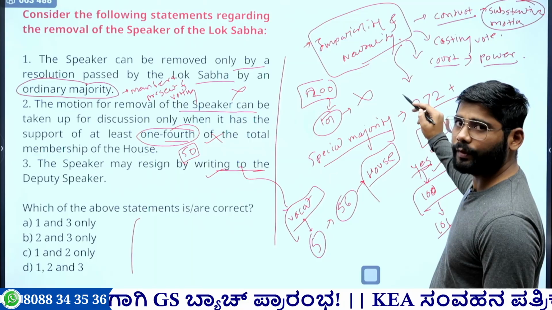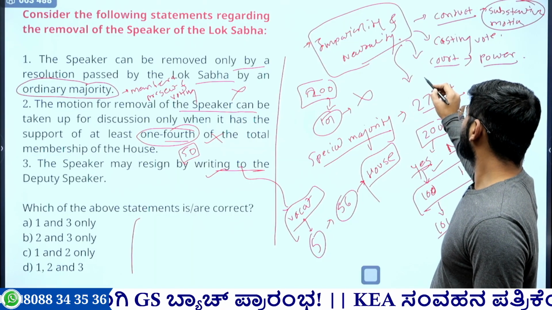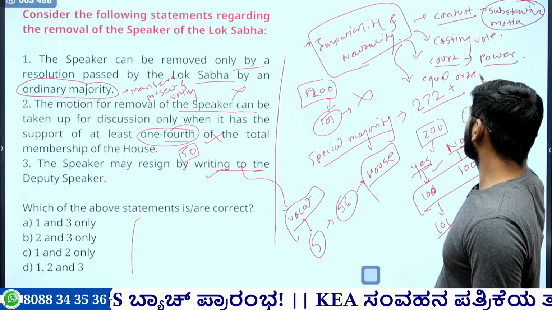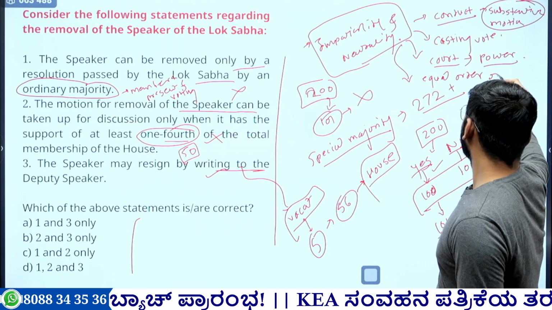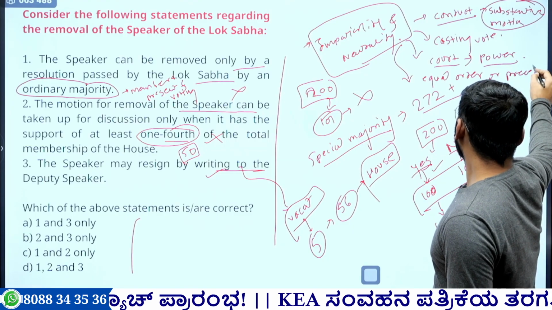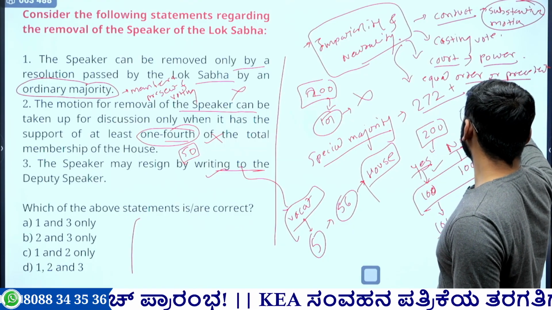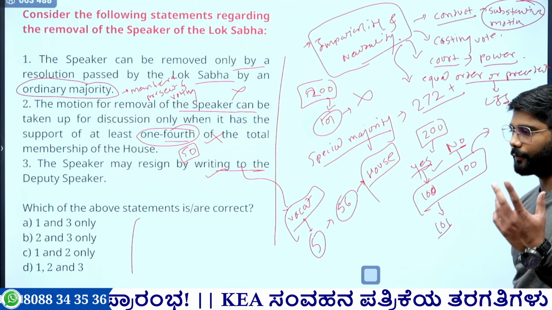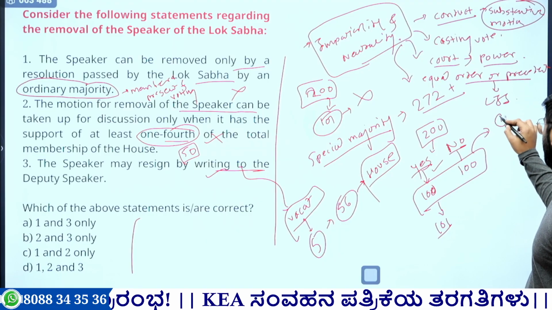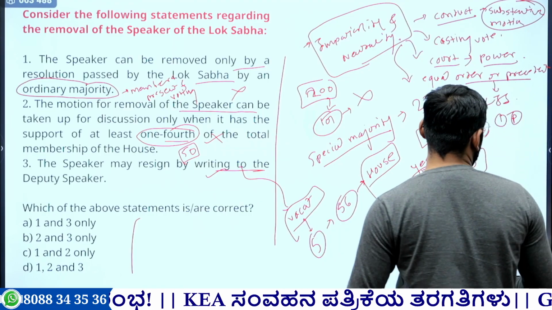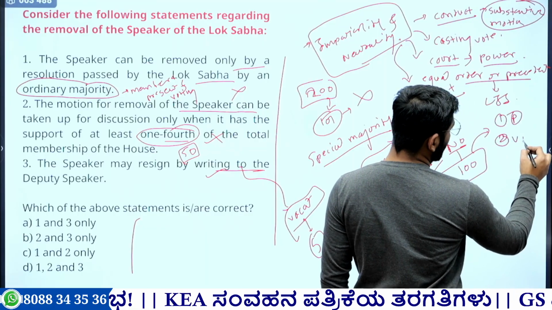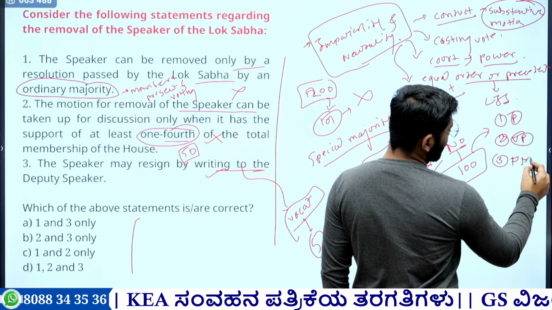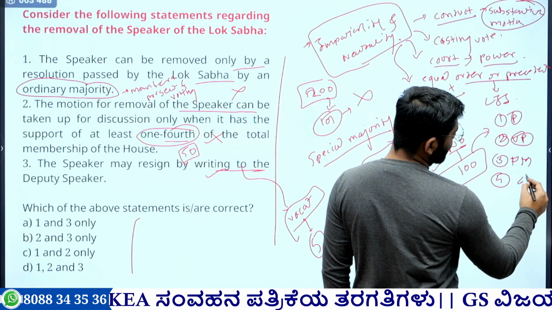Then one important thing: he stands equal in the order of precedence with the Chief Justice of India. As far as I remember, in the order of precedence, first comes the President of India. Second comes the Vice President of India. Third comes the Prime Minister of India. Then the Governors of the states.